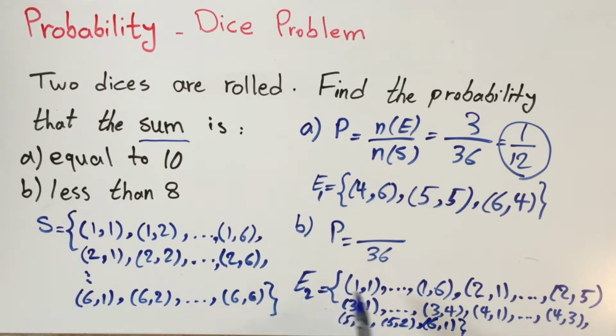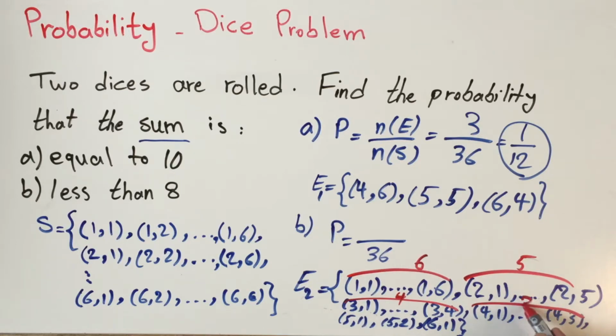Now you can count how many items you have in the set, the event. So here we have 6. I can write it here. These are 6 items. For 2 you have from 1 to 5, so this is 5. These are 4.